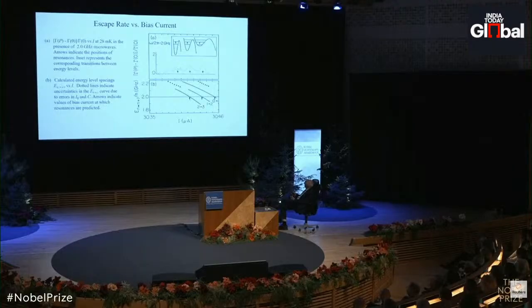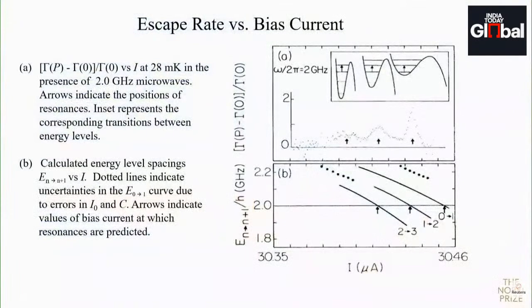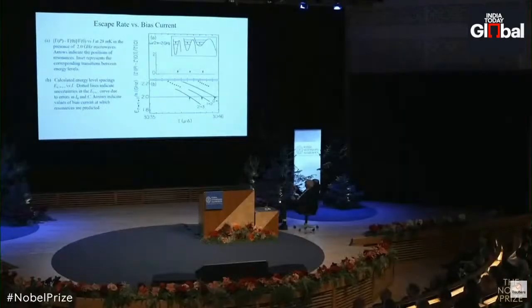And what we see is that we can observe 3 peaks, and these correspond to transitions shown above. For example, the right-hand one is the 0 to 1 transition. Here is the 1 to 2, and here is the 2 to 3. And so these peaks get weaker as you go to these higher transition levels.